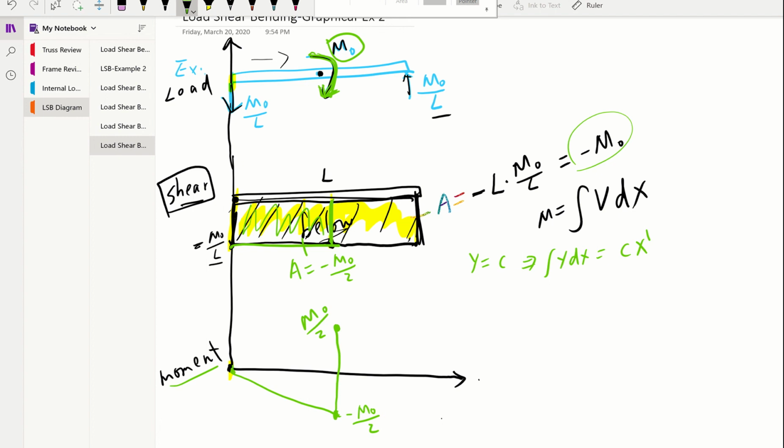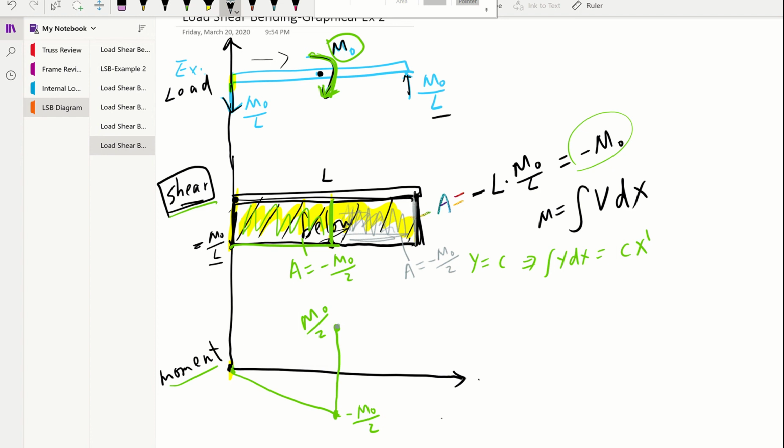Then, after that, we go back to our shear diagram to continue to integrate this second half. The second half of the area will give us negative M naught over 2. So we start at M naught over 2, and we integrate this negative area.